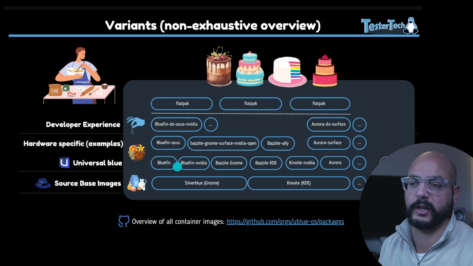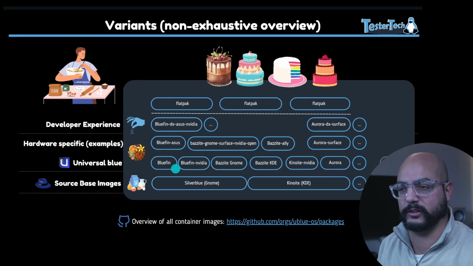Just adding the spices to basically the source base image, meaning if you have Kinoite, it's very basic, but if you have the Universal Blue variant, they do add some extras for you. For example, you can also choose one with NVIDIA enabled. But there are many others out there.